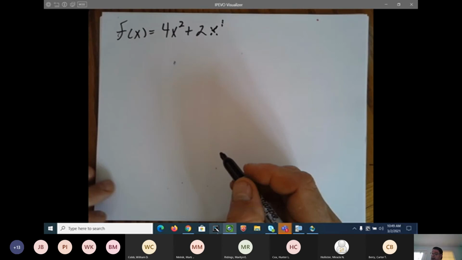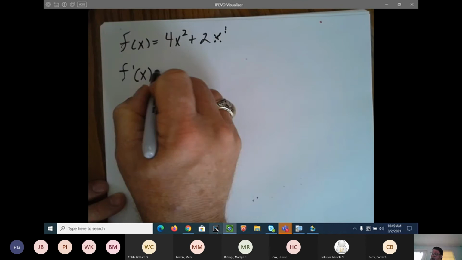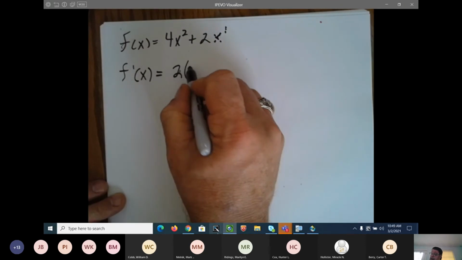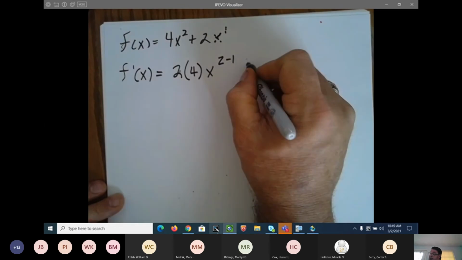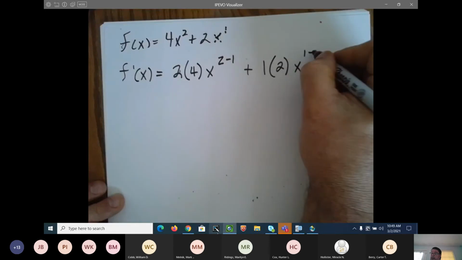And here's the power rule. f prime of x is equal to 2 times 4 x to the 2 minus 1, plus 1 times 2 x to the 1 minus 1.